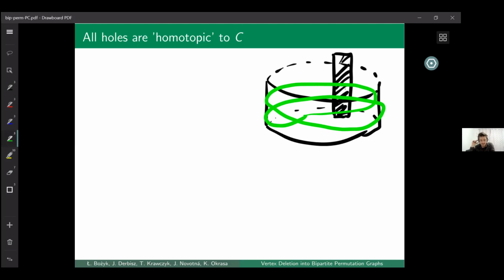So we can actually prove that all long holes that stay in the almost bipartite permutation graphs are, say, homotopic to the shortest hole. So they go around this structure exactly once.